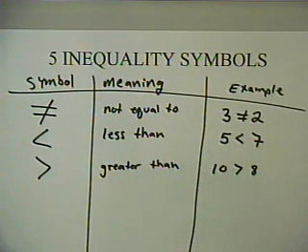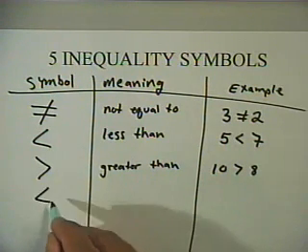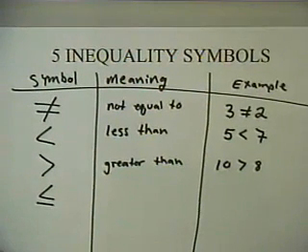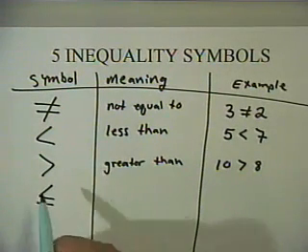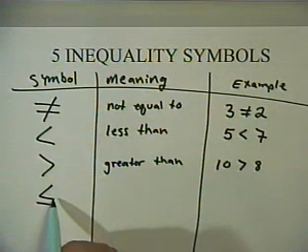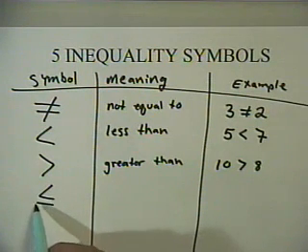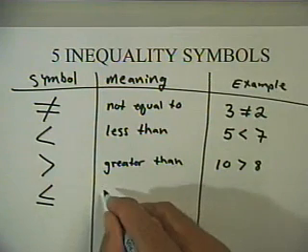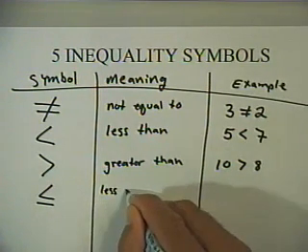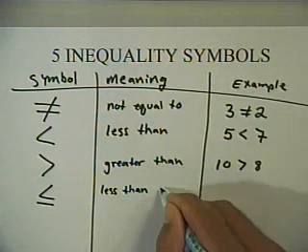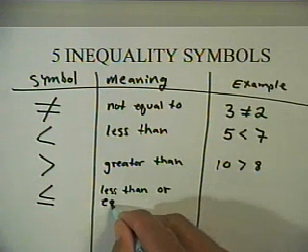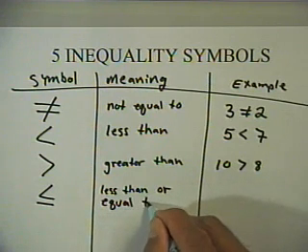Okay? Another one looks an awful lot like the less than symbol, but this is going to represent less than or equal to. This little line here represents an equal sign. So I'll put that down. Less than or equal to.